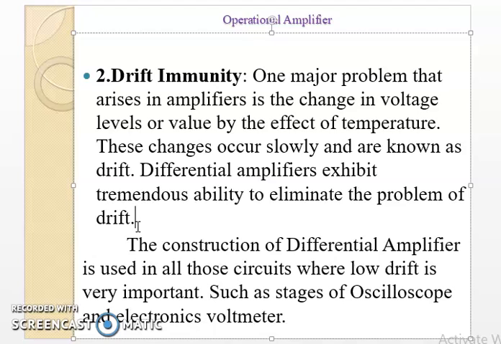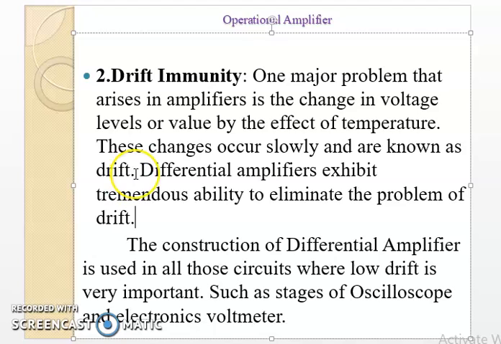In the same way, one of the major problems in an operational amplifier, differential amplifier, is the change in voltage levels or value by the effect of temperature. These changes occur slowly and are known as drift. What is drift?